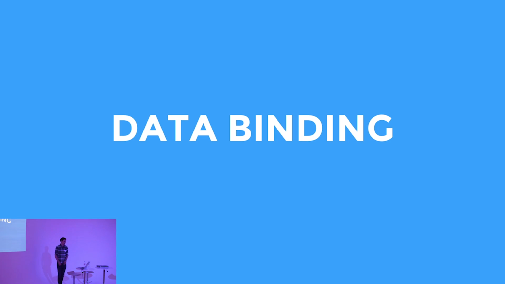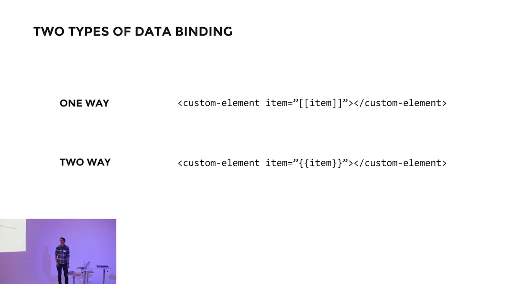Data binding is a wonderful thing. It's something which you should really understand when building an application. If you use it correctly, then it can make your application extremely lean and really great to use, easy to maintain, and all that stuff. There are two types of data binding: one way and two way. They're both pretty self-explanatory.